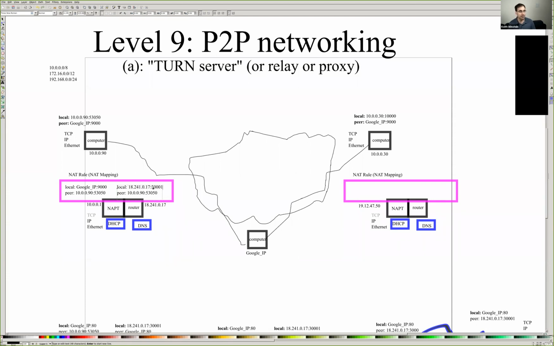Port could be anything, and the peer address is Google IP port 9000. Okay. And over here, our friend's NAT opens a very similar mapping, the only thing that changes is these IP addresses.